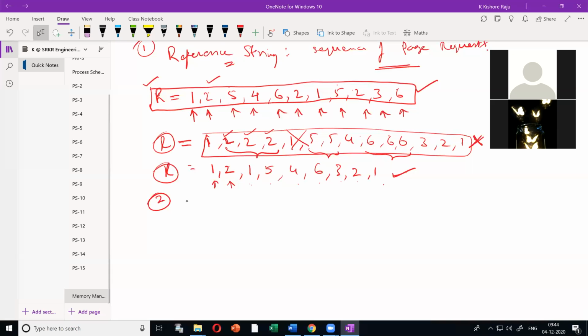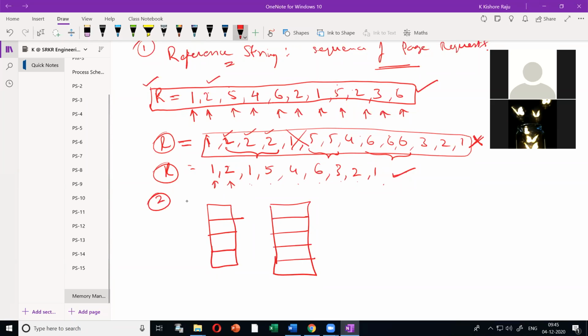The second input is frames: the number of frames available for this algorithm. Maybe 4 frames, maybe 5 frames, maybe 3 frames. So these are the page requests, and you have to utilize frames 0, 1, 2, 3, or 0, 1, 2, 3, 4, or 0, 1, 2.